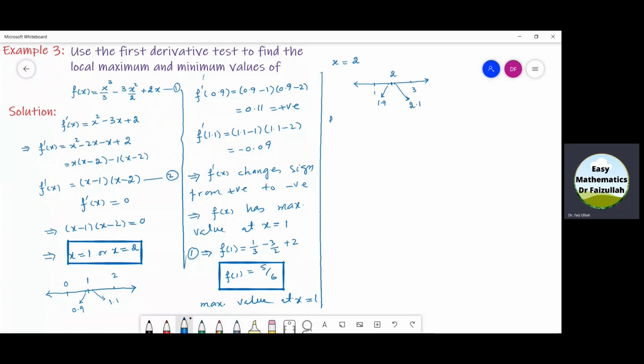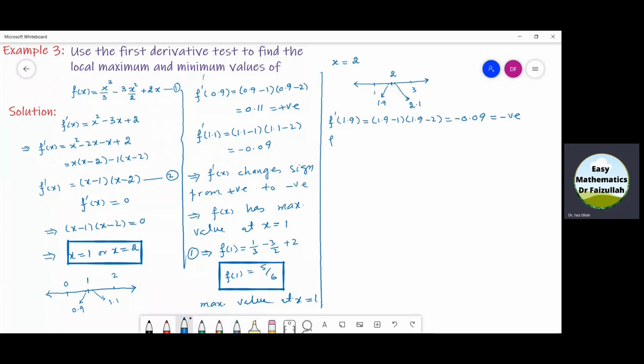And now let us see the sign of f dash at 1.9. So we have 1.9 minus 1 into 1.9 minus 2. And if we simplify this, we have minus 0.09. So we have a negative number.